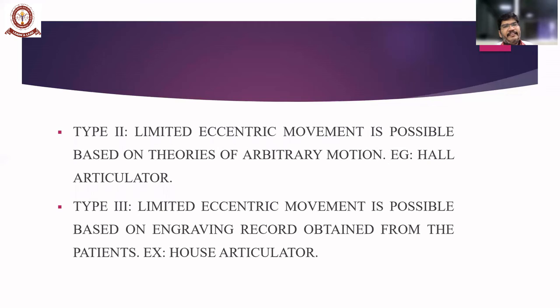Type 2 articulators have a limited eccentric movement based on the theories of arbitrary motion. Example is Hall's conical theory articulator. Then the third one is limited eccentric movement based on engraving records obtained from the patient. That is your House articulator. All the class 2 articulators do not accept a face bow.